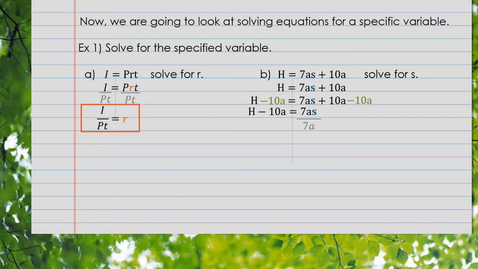So we divide the right side by 7A as long as we divide the whole entire left side by 7A as well. And so 7A divided by 7A reduces to S. And on the left side, you cannot reduce, so it will remain H minus 10A all over 7A. And that would be your solution.